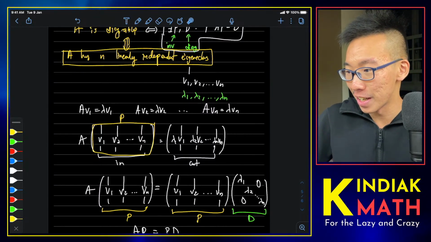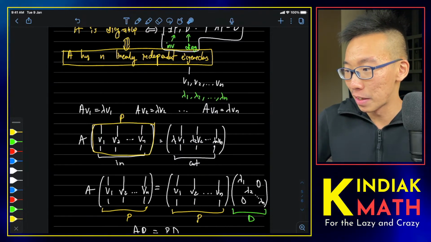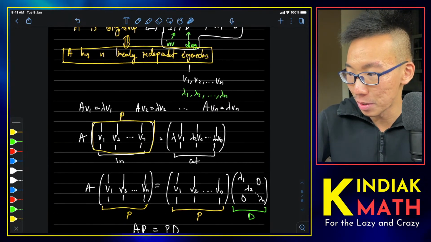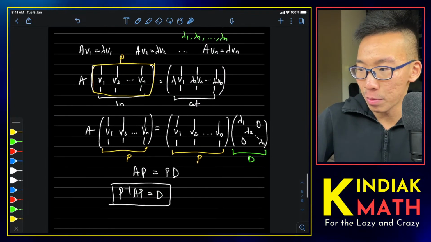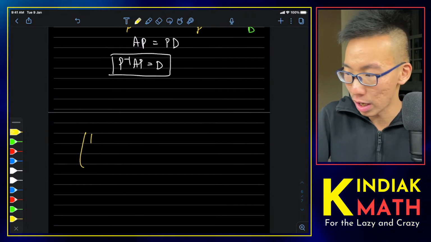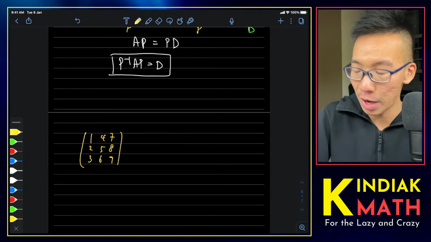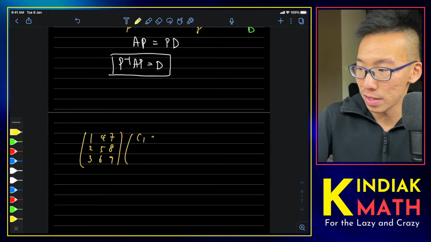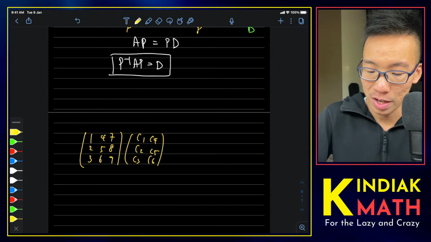Now, a really interesting idea here. Let's look at the recipes idea. Let's say we want to take the matrix 1, 4, 7, 2, 5, 8, 3, 6, 9, and multiply it with the matrix C1, C4, C2, C5, C3, C6.